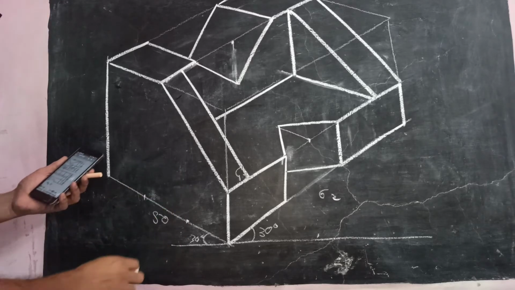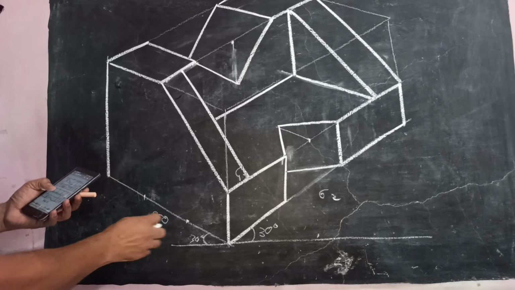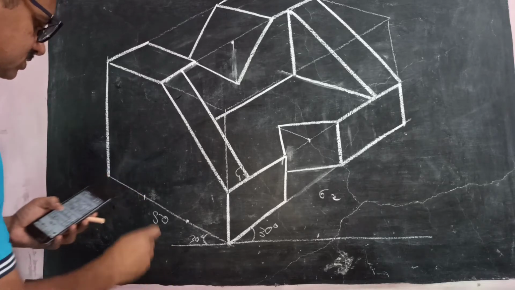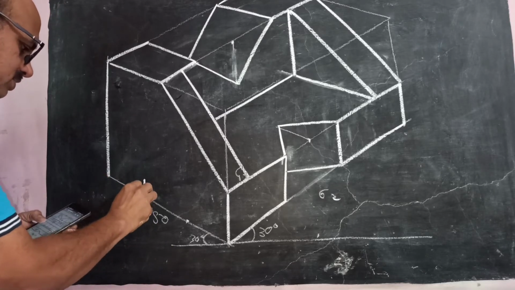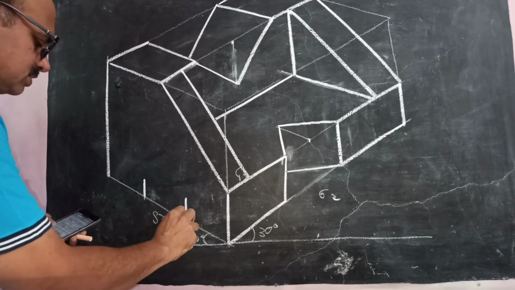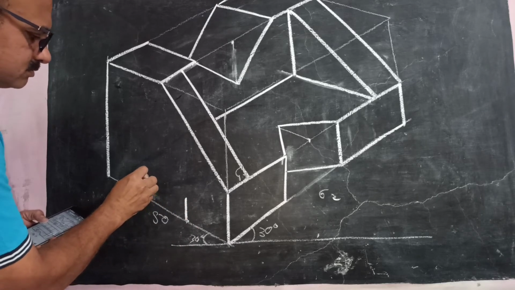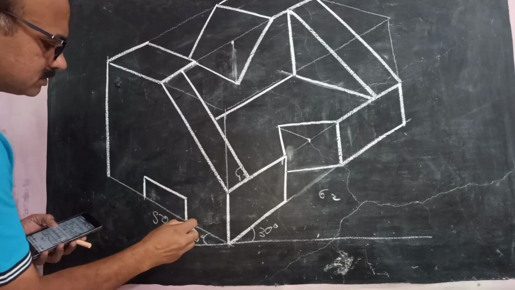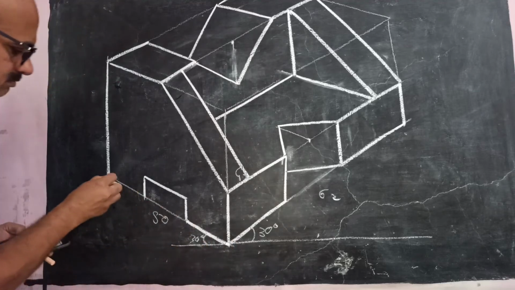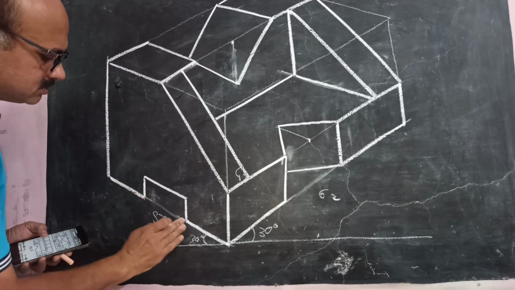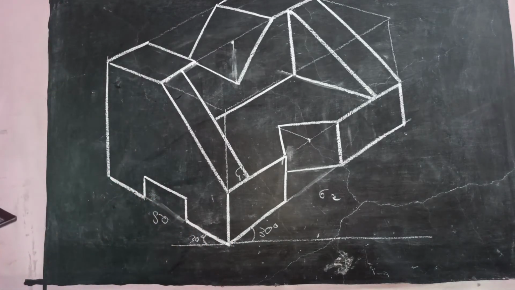So there is a V groove here. The height is 6 mm. So take 6, take 6, join this, make it dark. This won't be dark, so it will be like this.